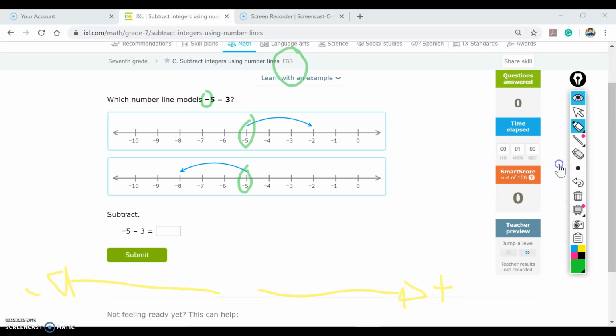So look how the second number given in the problem is -3. That means the number is negative, so I need to go to the left 3 units. 1, 2, 3. So the correct number line for this problem would be the second one. And -5 and -3 is equal to -8.